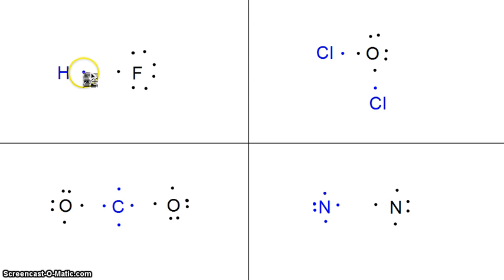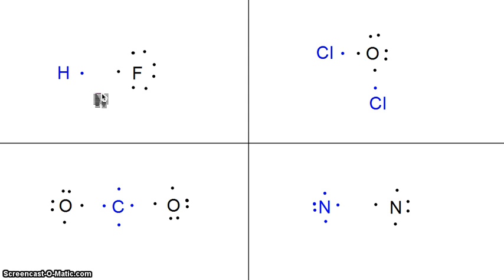Now, under ionic bonding, we would just take hydrogen's electron and put it over with fluorine, and hydrogen would become positively charged and fluorine would become negatively charged. The only problem with doing this is both hydrogen and fluorine have fairly strong holds on these electrons, and neither one of them can take the electron away from the other.